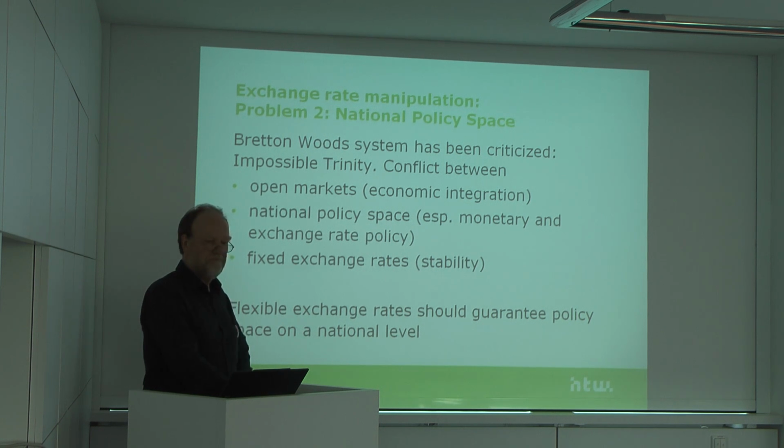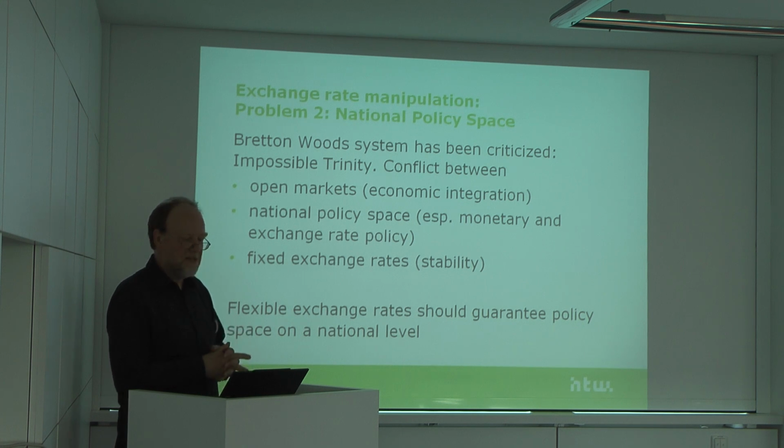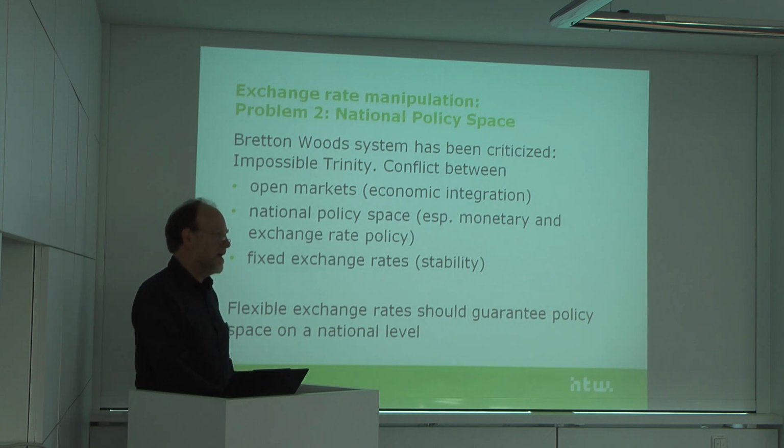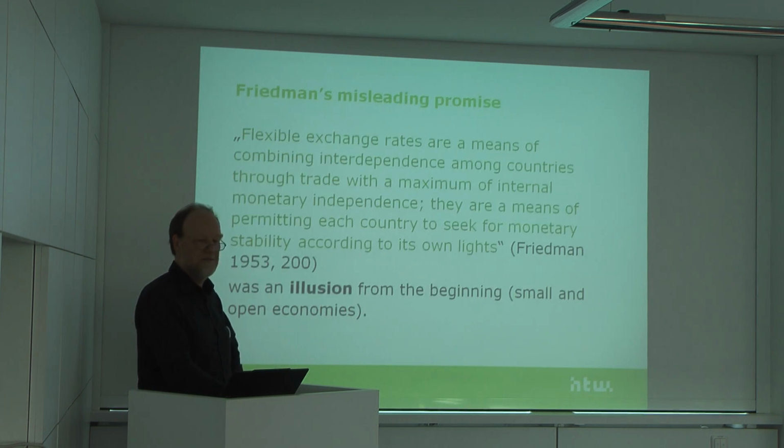Another dimension is the dimension of national policy space. We have discussed it quite a lot here in the workshop. The impossible trinity normally says that open markets, national policy space and a fixed exchange rate are not possible all three together. So a flexible exchange rate would open some policy space. We know very well from Milton Friedman his promise that a flexible exchange rate would increase policy space for single countries.